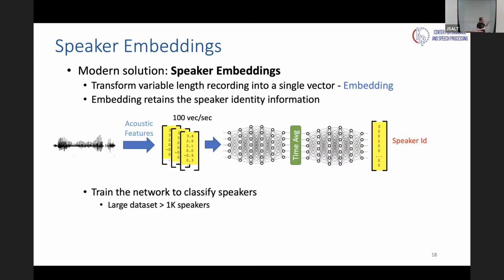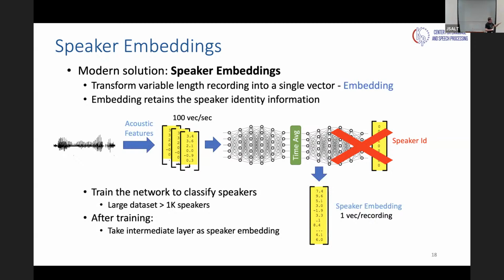You take the audio, you calculate the features, so you get 100 vectors per second, and then you put this into a neural network that is trying to discriminate the speakers, and then you remove the last part of this network, and you extract features from the middle here. You get a sequence of features here, and then you have some kind of pooling mechanism that averages this and gives just one vector, so here you have just one vector per audio.